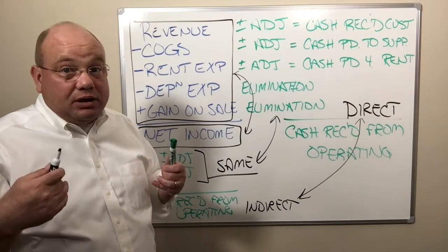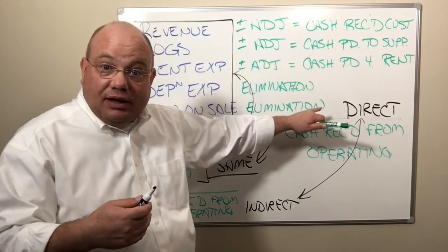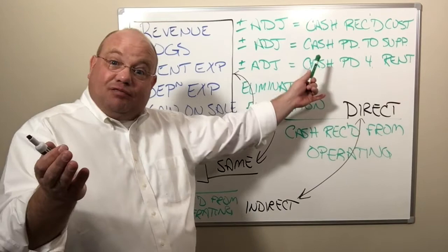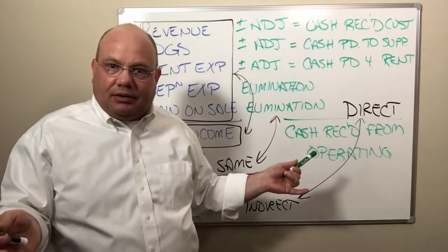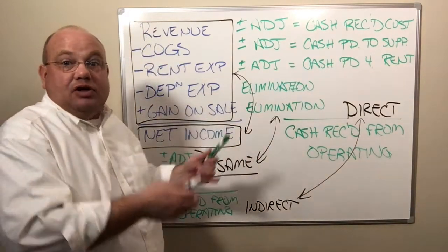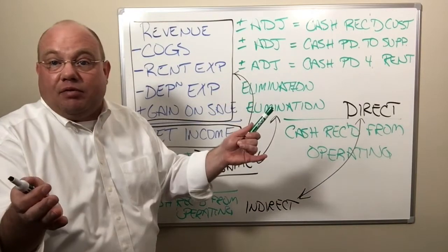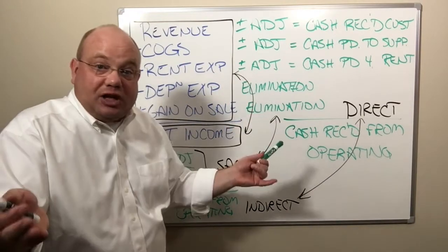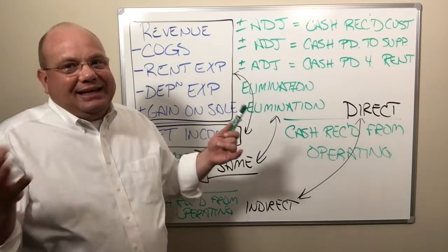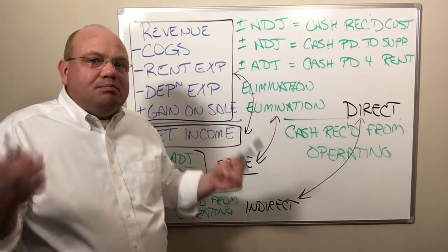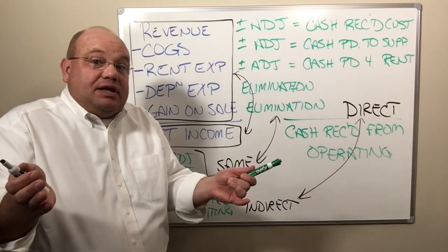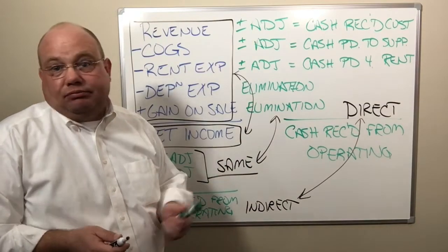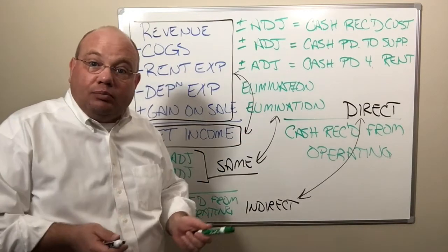Now, personally, I think the direct method is a lot more useful. Hey, cash received from customers, that number means something. When you start with net income and you just make adjustments for changes in receivables, changes in inventory, changes in payables, that number by itself doesn't mean as much. Okay, so your receivables went up during the period. Okay, good, I guess. Maybe you sold more.